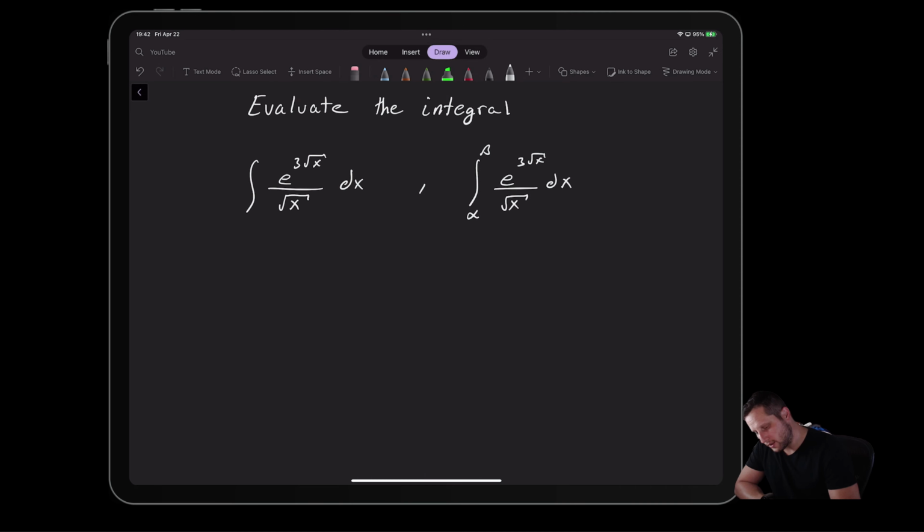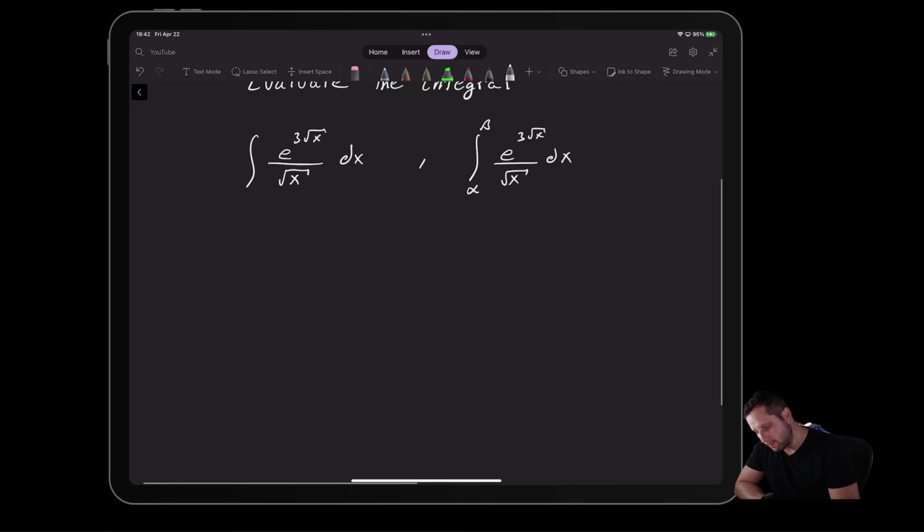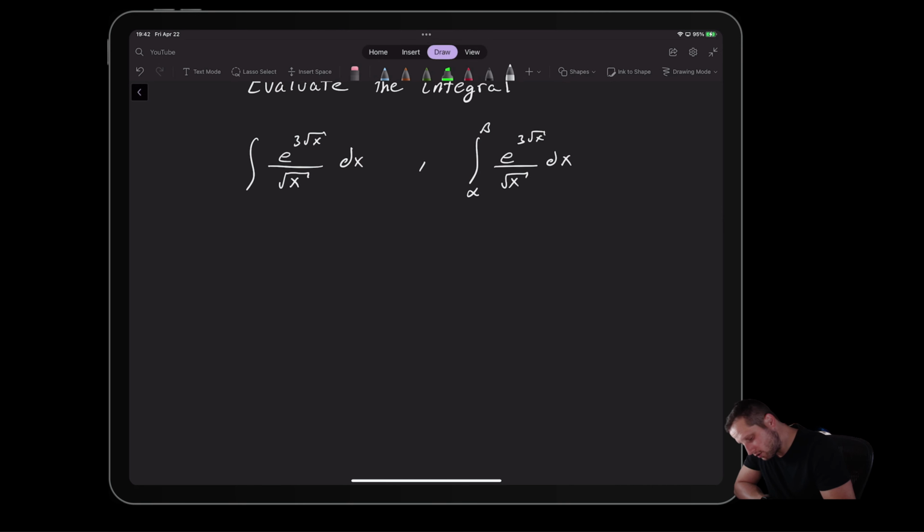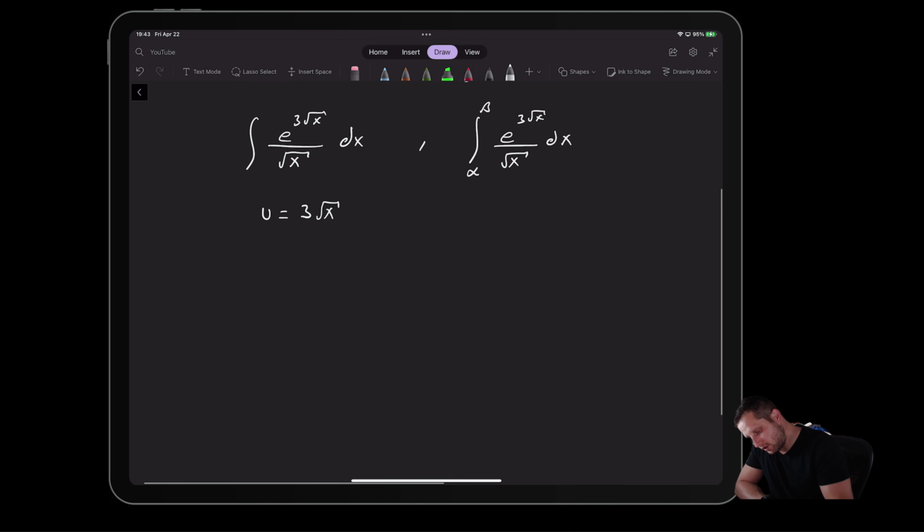So to get started, what we are going to do is we need to make a u-sub. So for our u-sub, we're going to choose u is equal to 3 times square root of x, which is the same as 3 times x to the 1/2.